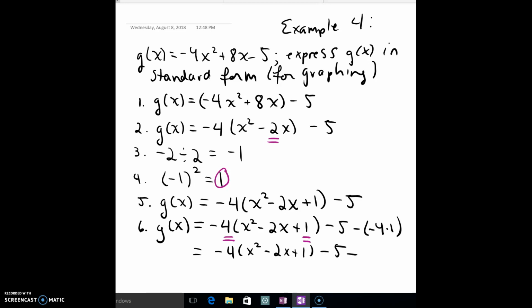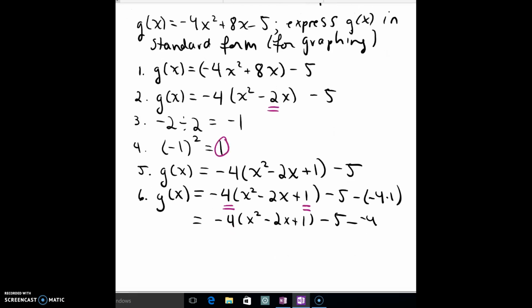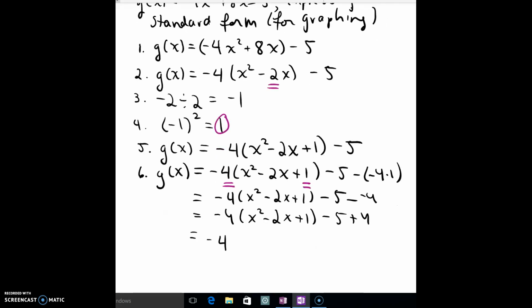So we have minus 5, minus negative 4 times 1, which is negative 4. And don't forget that anytime you have subtracting a negative, it's the same thing as adding. So this becomes negative 5 plus 4, and that's the same thing as saying negative 4 times x squared minus 2x plus 1. Negative 5 plus 4 is the same thing as saying negative 1.